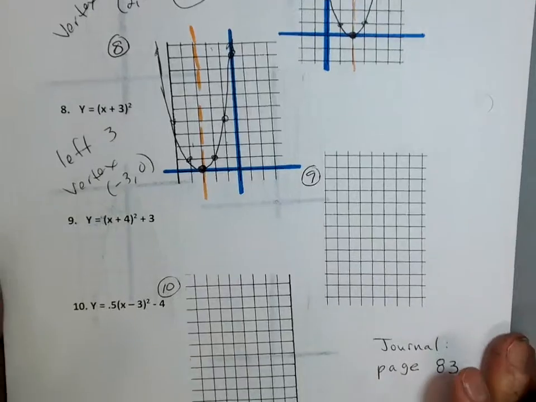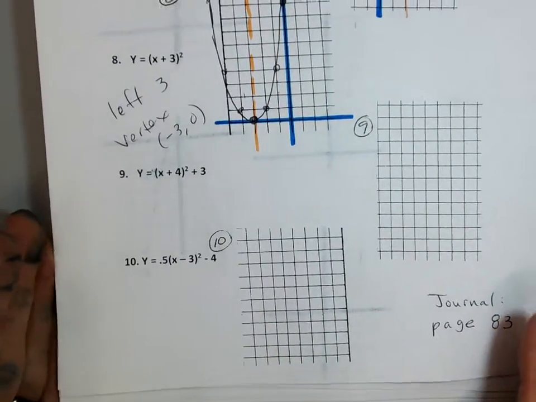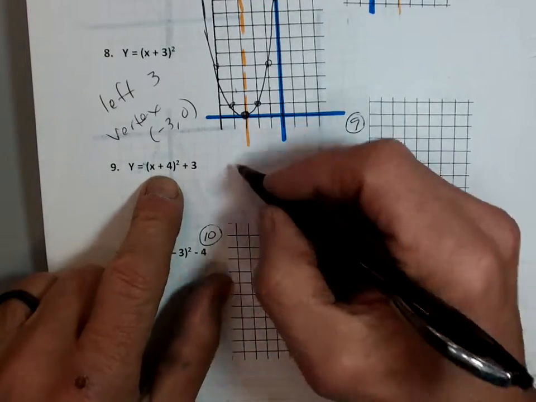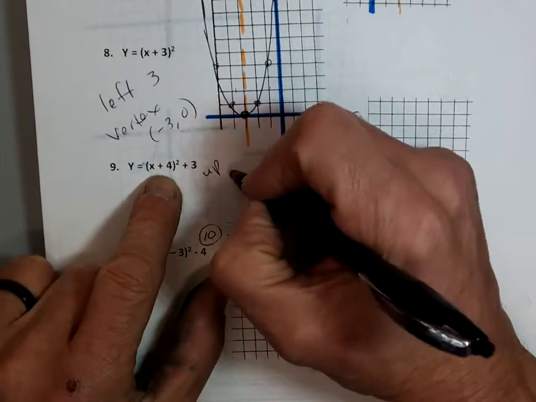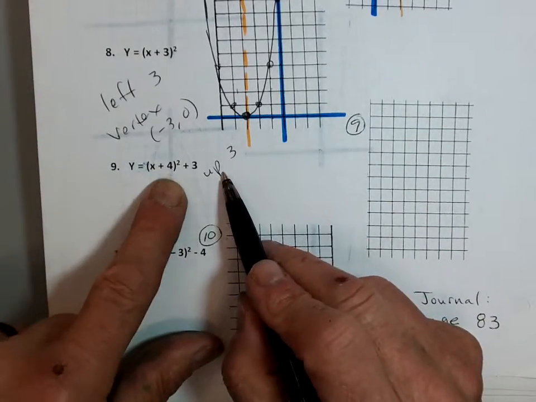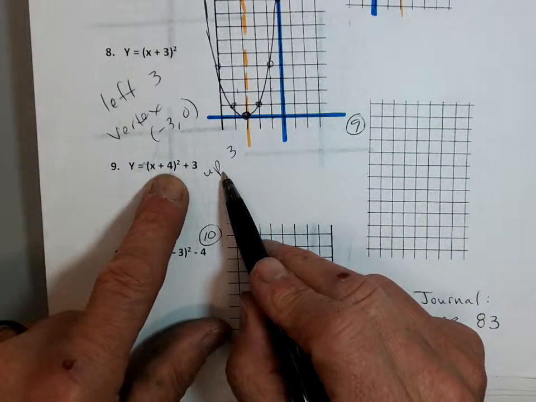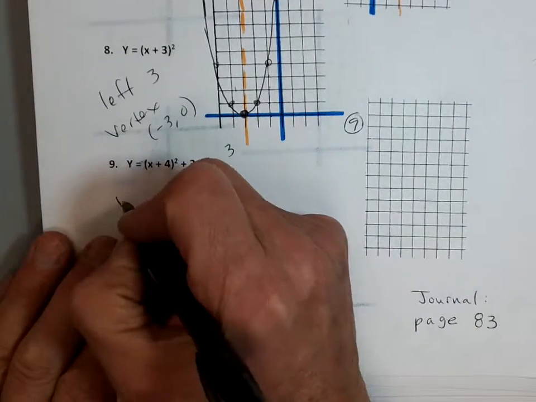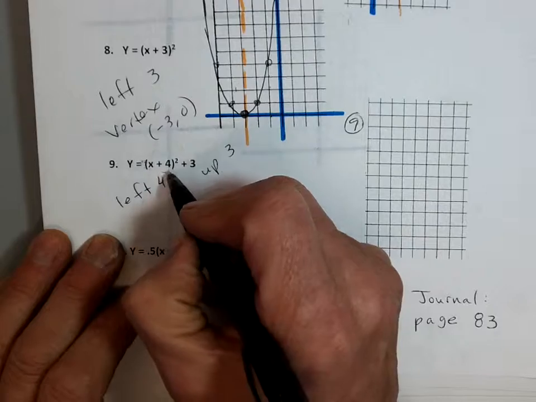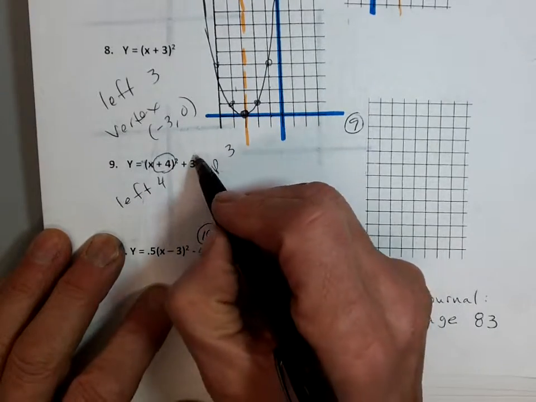Awesome. Okay, how about 9? You have to add 3, so it's going to be plus 3 on the y. So let's go up 3, and we're going to go left 4, because we're going to do the opposite, and up 3, okay?